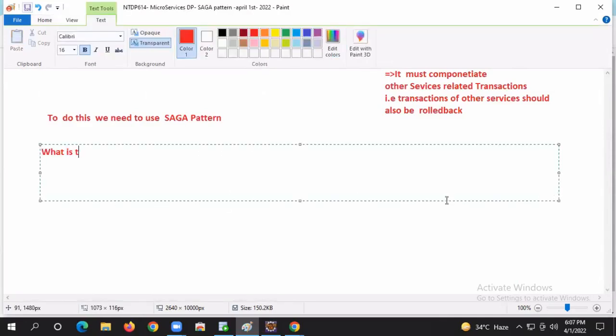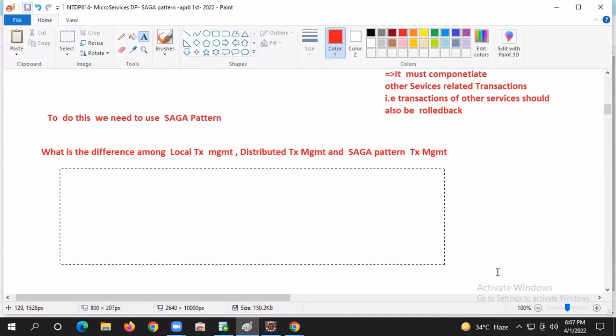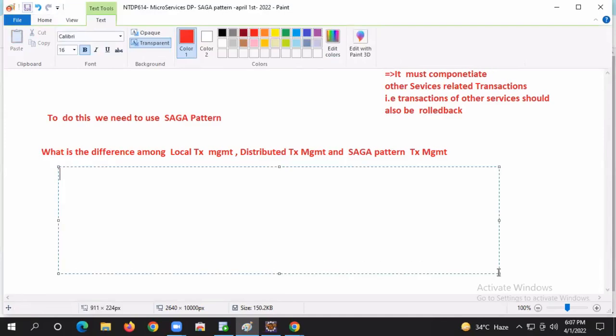What is the difference among local transaction management, distributed transaction management, and SAGA pattern transaction management? Yes, I would like to know, guys. Now listen, guys.